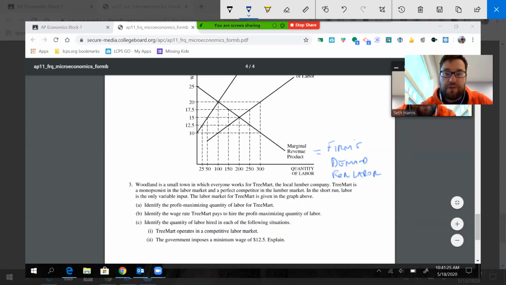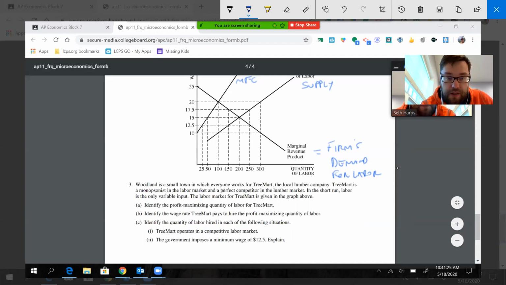We refer to those as the two chopsticks coming down normally in a monopolist. But in this case, we're talking about costs, so the curves are just flipped. This is the supply curve of labor, and this is the marginal factor cost of labor. When you're talking about a monopoly, if you flip this, you're talking about the demand curve and marginal revenue curve.